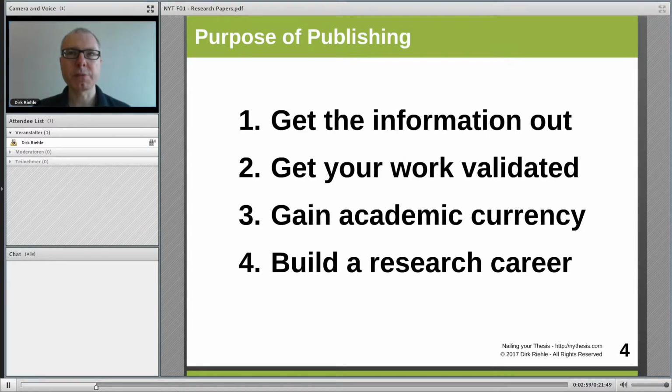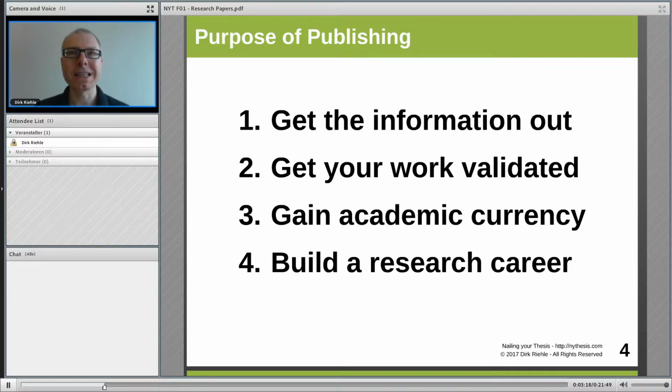So recapping, the purpose of publishing your work, rather than just doing your work and forgetting about it, is to get the information out. You want to make that contribution to the progress of science. You actually also want other people to say this is good work.